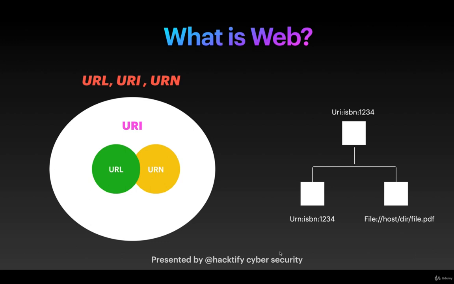All right, so all of these three, that is the URL, URI and URN, have a U, which basically stands for uniform. So all of these three, in other words, relate to some type of network-based resources.